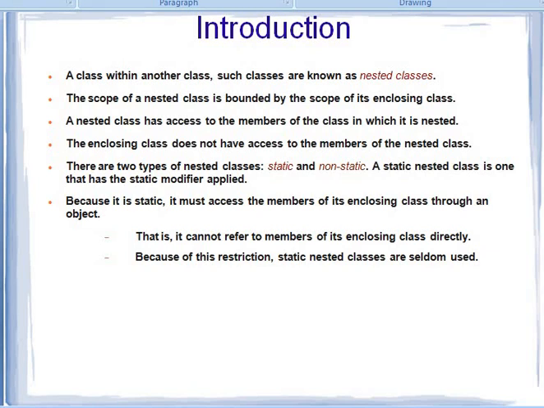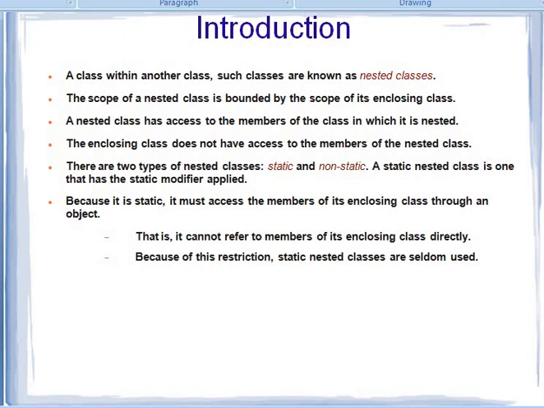A nested class has access to the members of the class in which it is nested. The enclosing class does not have access to the members of the nested class. Enclosing class means outer class. So class A does not have access to the members of class B because the scope is bounded by the scope of its enclosing class.